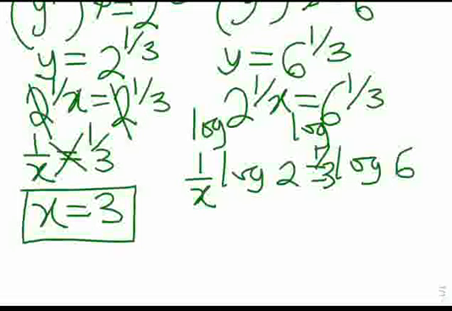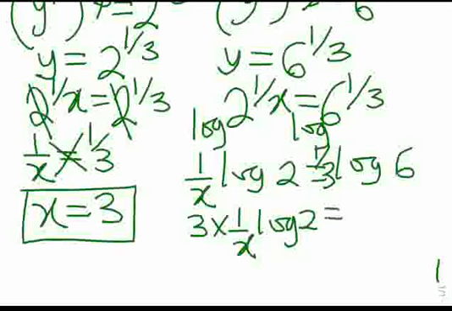So if we have to solve for x, what's the next thing we're going to do? Let me get rid of this 3 by multiplying both sides by 3. So 3 times 1 over x log 2 is equal to, if you multiply this by 3, that cancels this 3, and then only log 6 is going to be left.